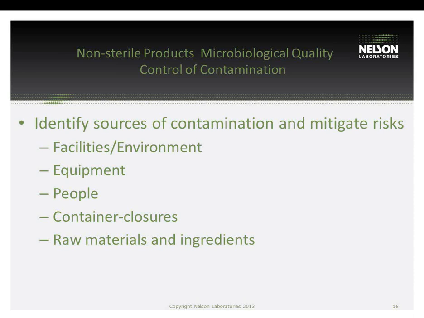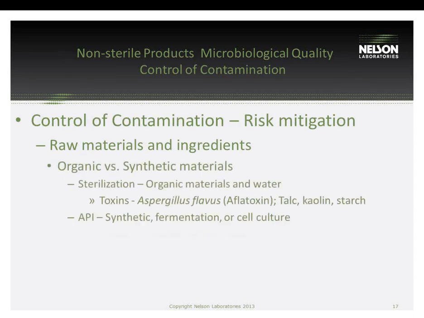People are really important, because going back to pathogens, for non-sterile products we're mostly concerned with opportunistic pathogens, which are part of the normal microbiome for humans, and people could be one of the largest contamination issues during manufacturing. Container closures, as we covered, and raw material ingredients are very important to look at for control of contamination.